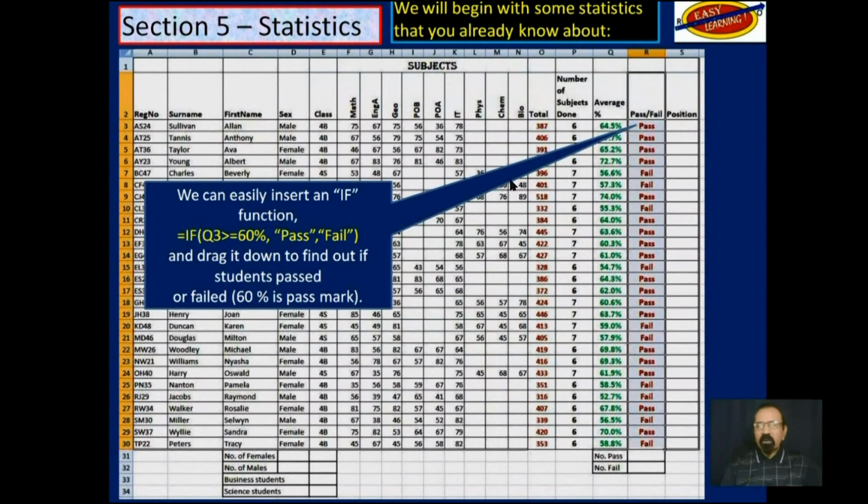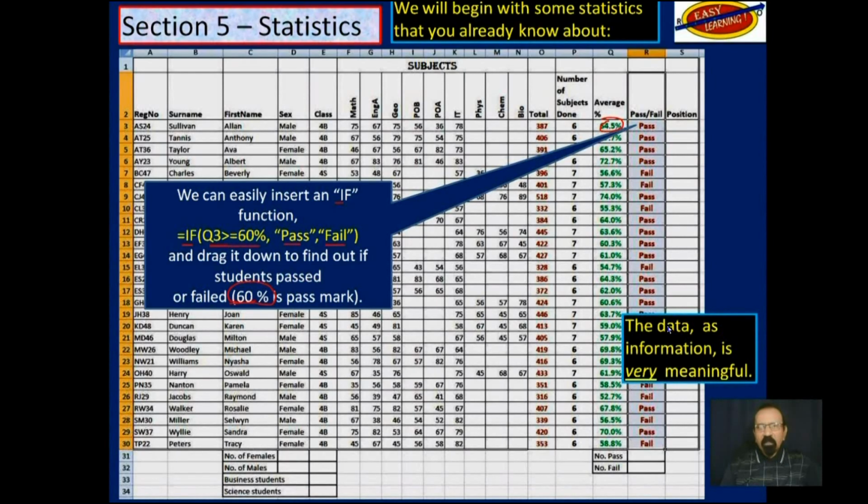Now we are also going to insert an if function, and we will say if Q3, that is if this number here, is greater than or equal to 60%, that will be a pass, and if not, it would be a fail. We are using 60% as pass. And we drag the formula down, and now we get some more information.